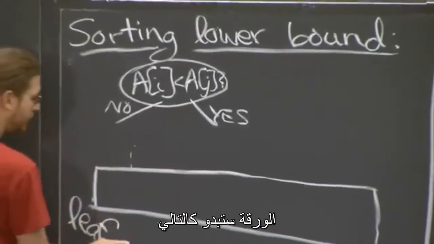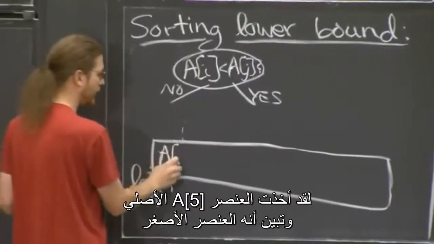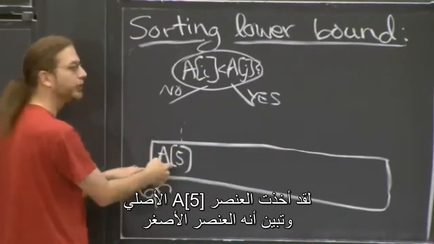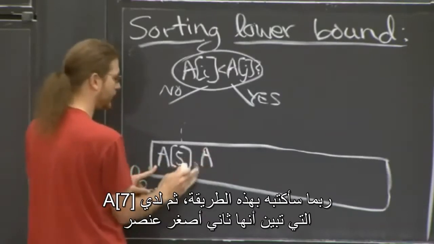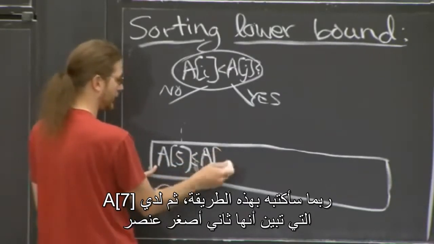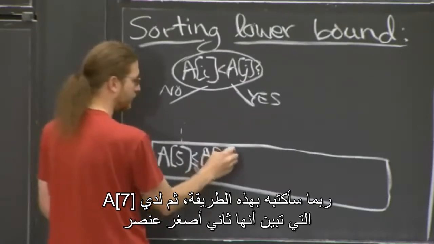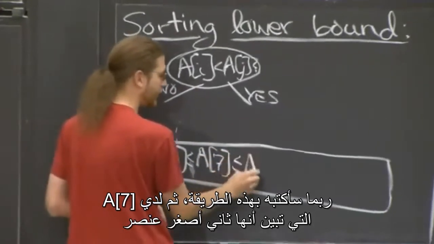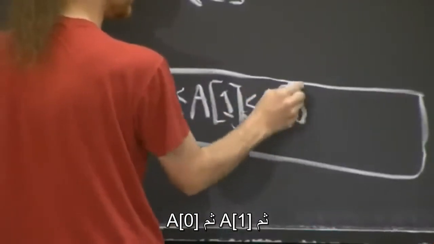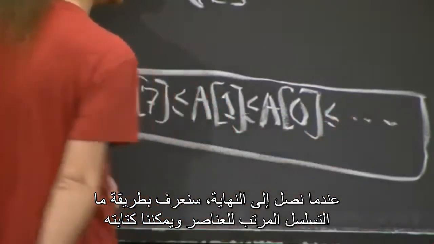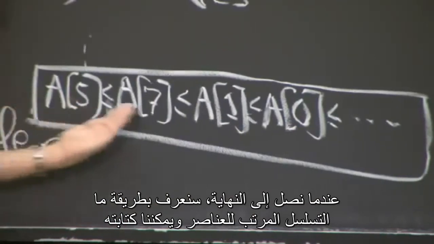A leaf will look like this. I took the original A5, and that turned out to be the smallest element. Then I have A7, that turned out to be the next smallest element. Then A1. Then A0, whatever. At the end, somehow you know the sorted order, and you can just write it down.